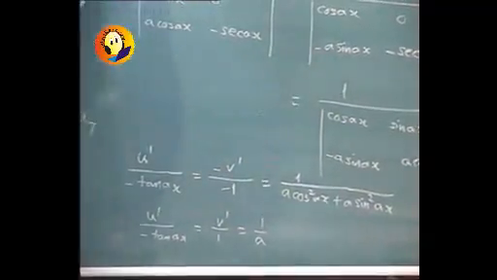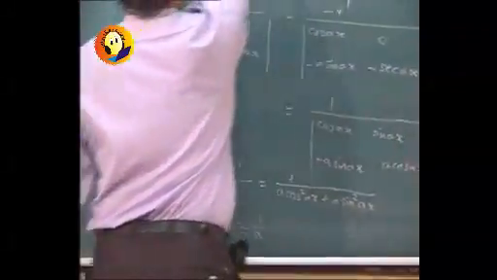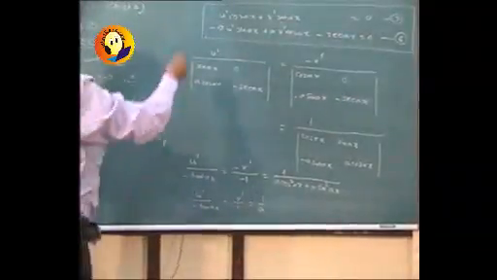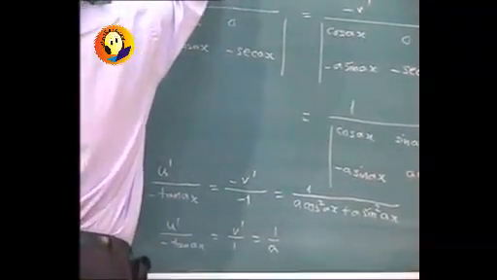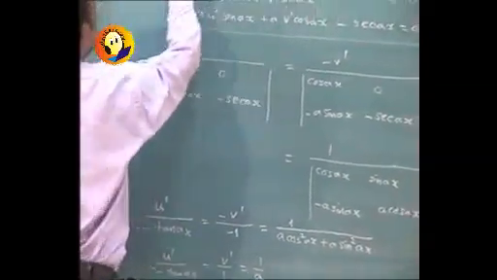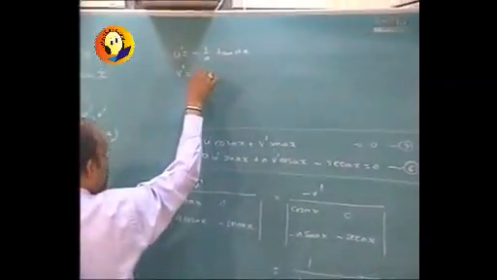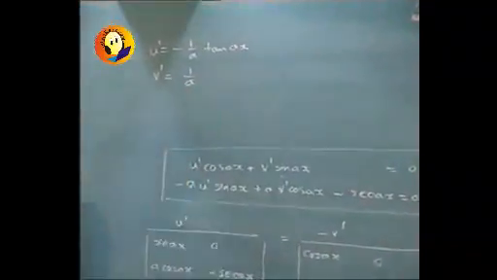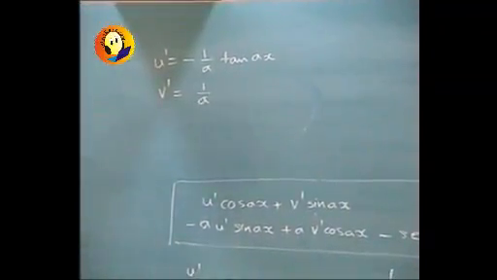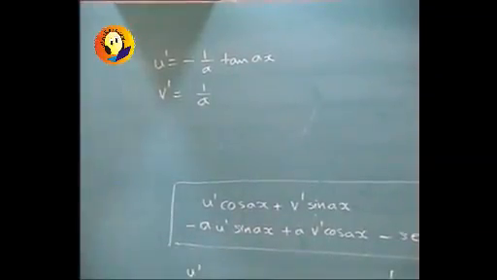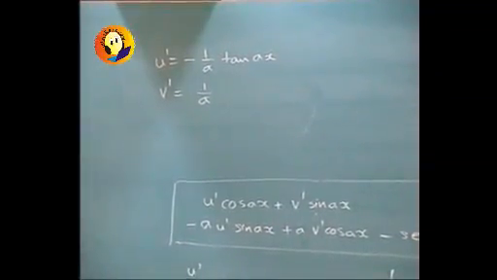And therefore, u dash will be written as minus 1 upon a tan ax and v dash will be written as 1 upon a. So our aim was to solve equation number 6 and 3 to find u dash and v dash.